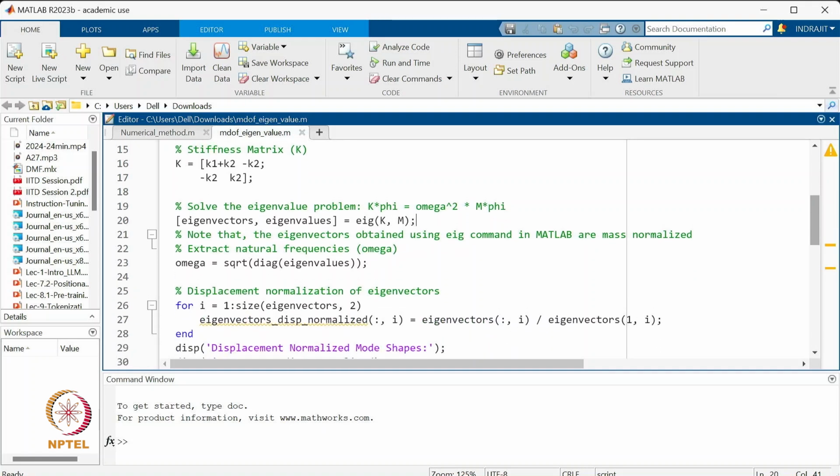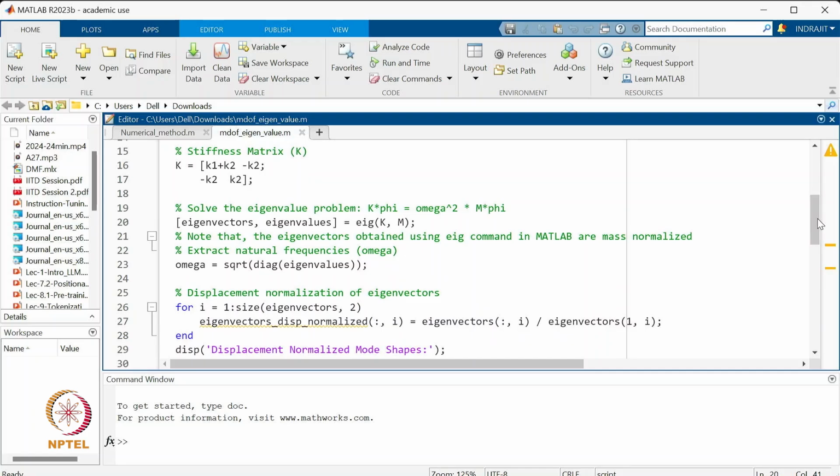Then once we get the eigenvalues, they are actually the square of the natural frequency. Because we see it is lambda square, and once we solve the quadratic equation, we solve it in terms of lambda square. We are obtaining lambda square, so the natural frequency is lambda.